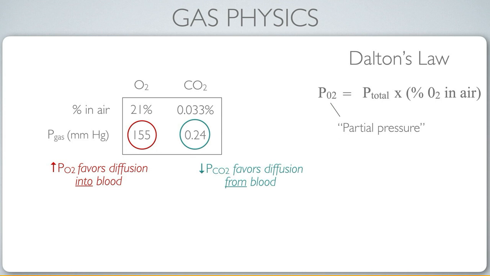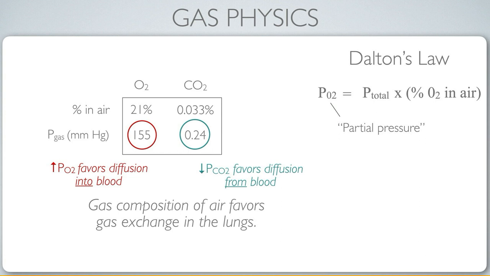So, given that carbon dioxide offers a very small partial pressure, that's going to favor the diffusion of CO2 leaving the blood in the lungs, whereas that very high partial pressure for O2 provides a driving force for diffusion into the blood. So we can say that the gas composition of air favors the exchange that we want. We want as much oxygen into the blood as possible and as much CO2 to leave.